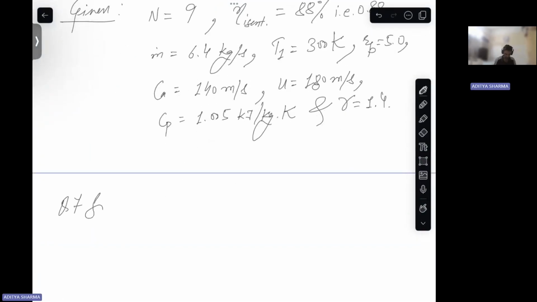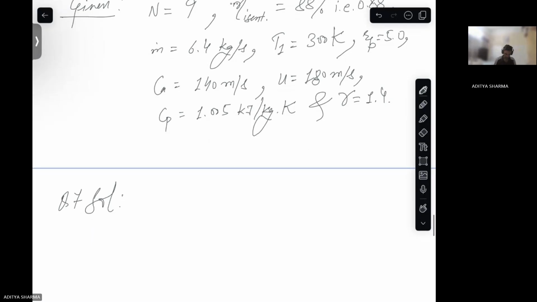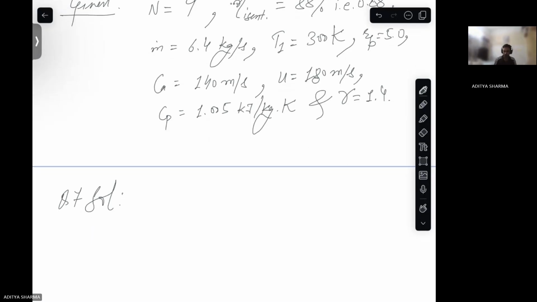Question number 7, solution. For the isentropic case, T2 dash by T1 is equal to P2 by P1 raised to gamma minus 1 by gamma.